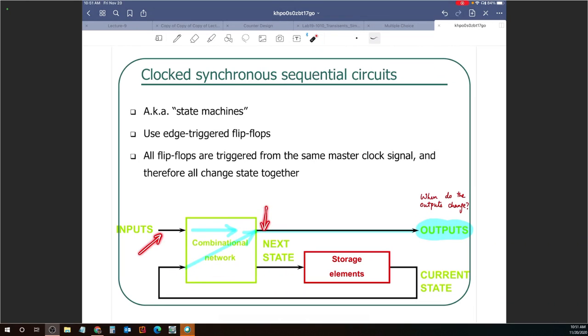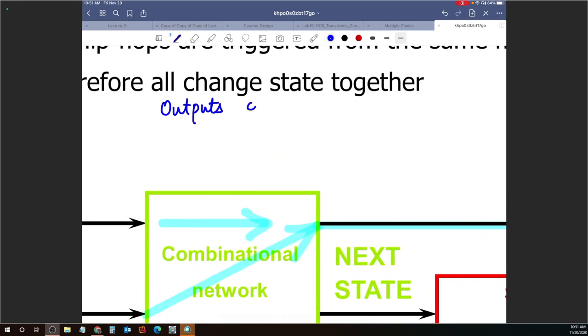So one possibility is because of the current state. Let me write that over here. Outputs could change when Q changes. So that's the current state.